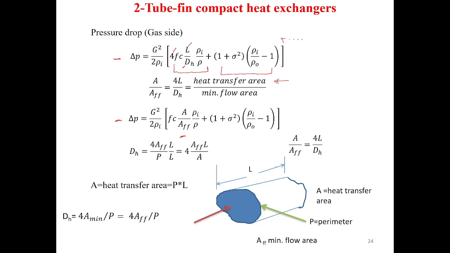The length of the flow is L, the perimeter is P, and the heat transfer area is A, which is equal to P times L. So this perimeter for this arrangement times this length will give you the internal heat transfer area. That's why when we multiply P times L we get the heat transfer area A.